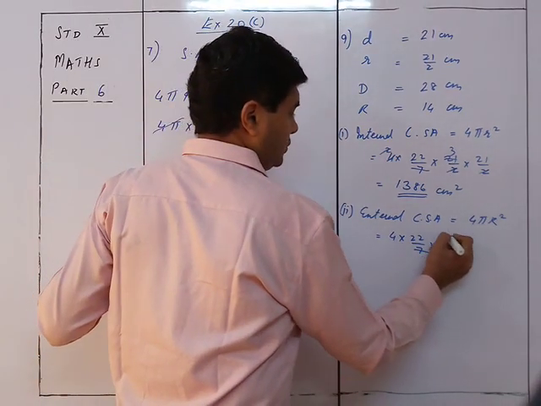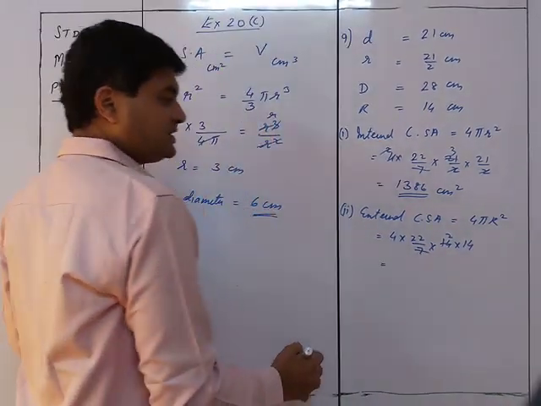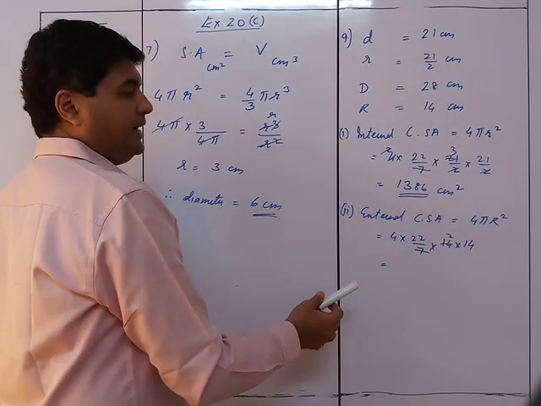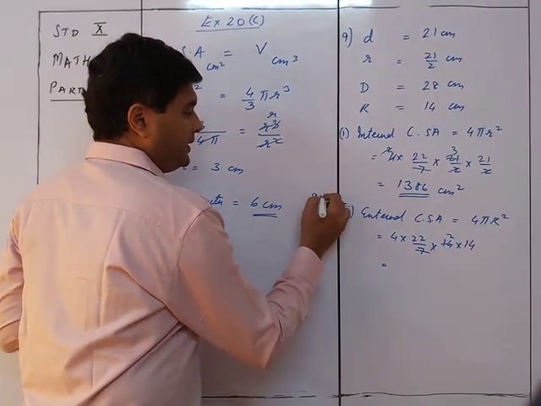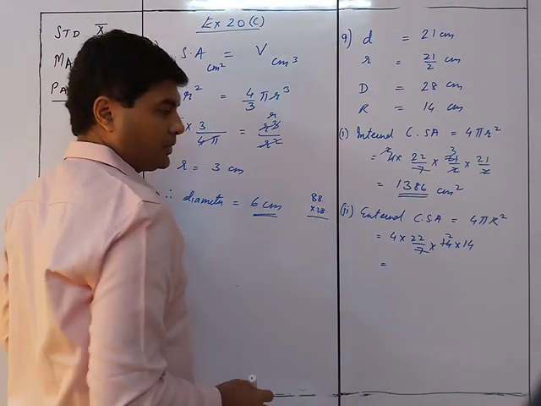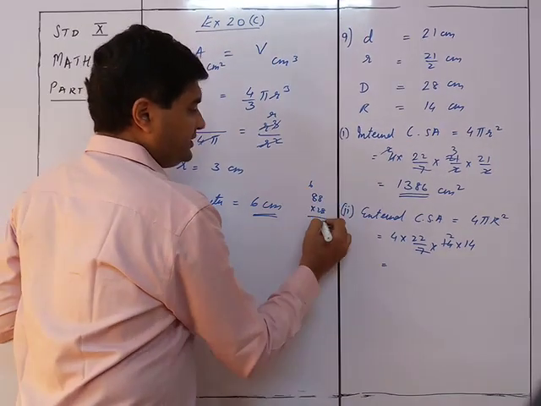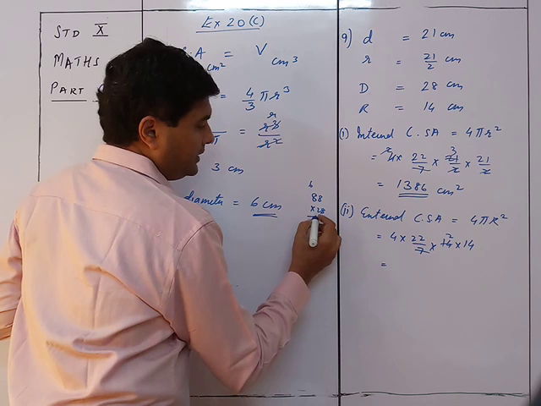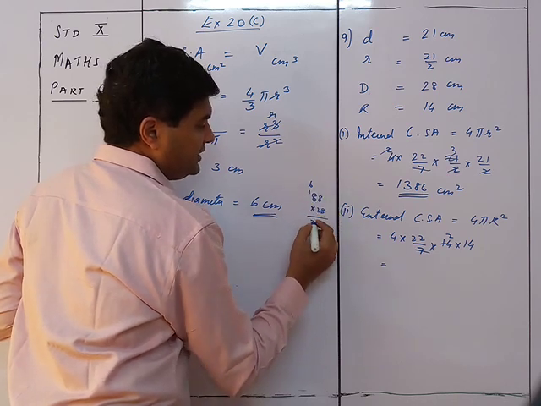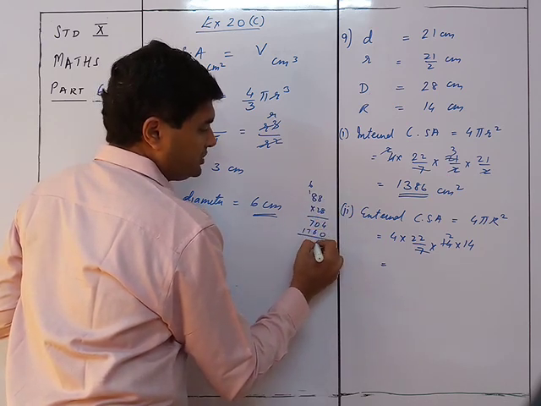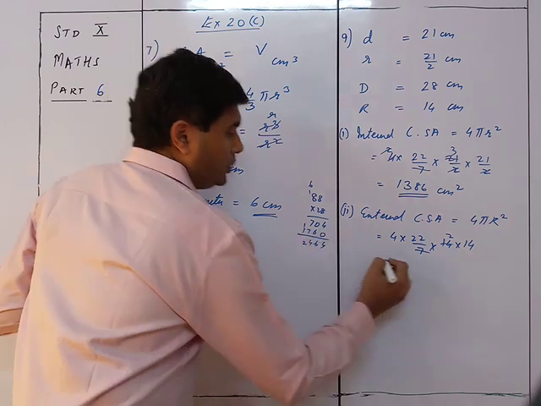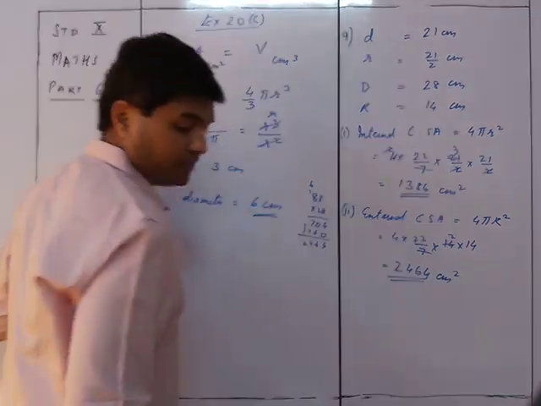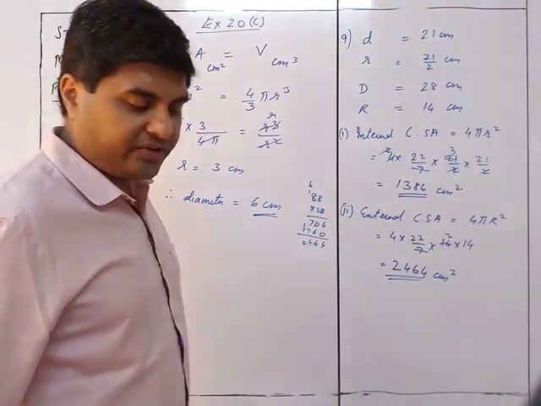The 2s cancel, and that gives me 88 into 28, which is 2464 centimeter square. So that is the external curved surface area.